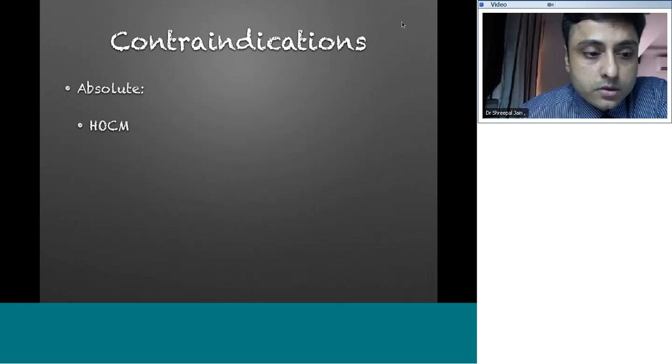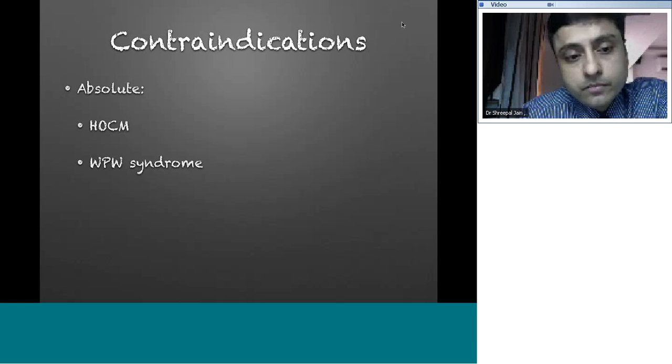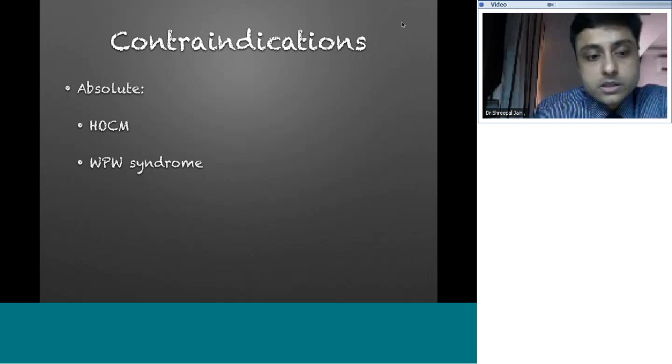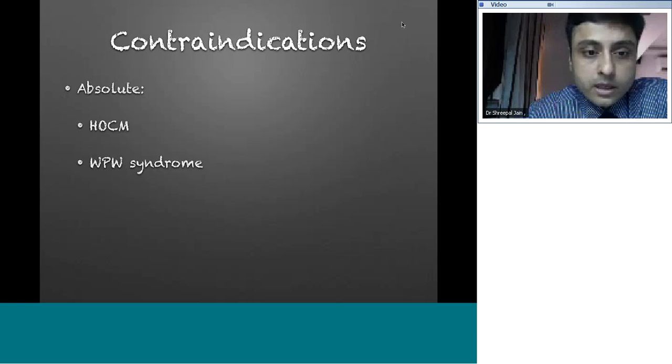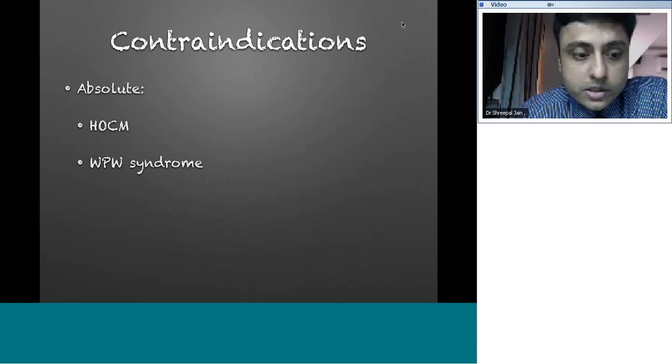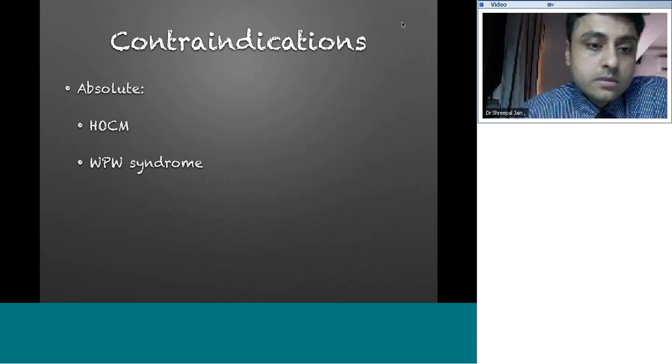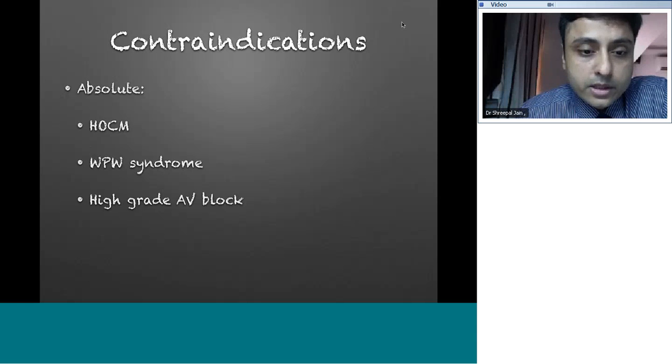So one is, as Amitosh mentioned, hypertrophic obstructive cardiomyopathy. Next is WPW syndrome, where digitalis can increase the antegrade conduction along the accessory pathway, and in the presence of atrial fibrillation may cause it to degenerate into ventricular fibrillation.